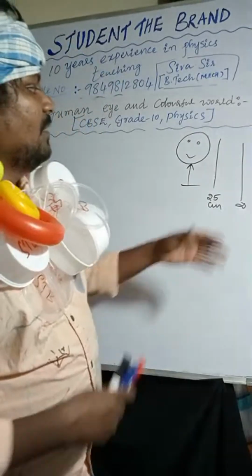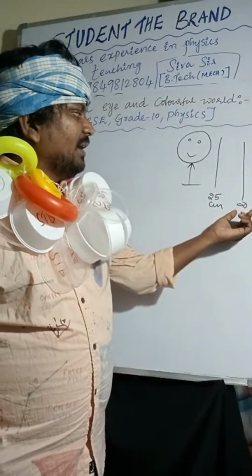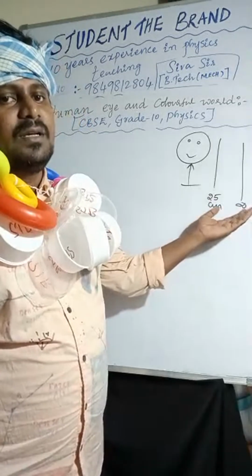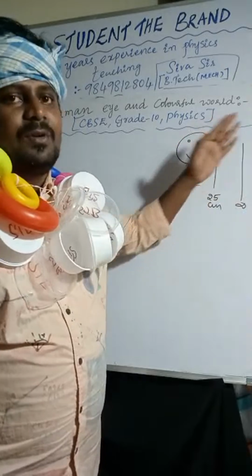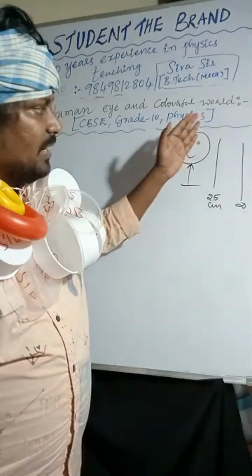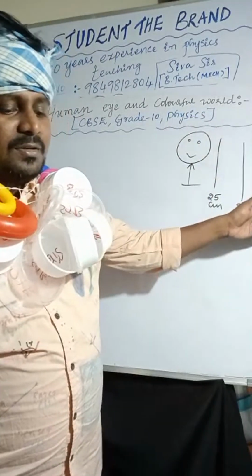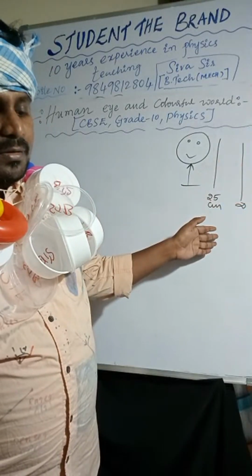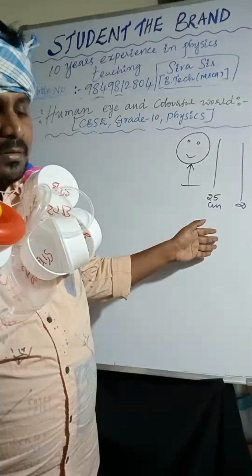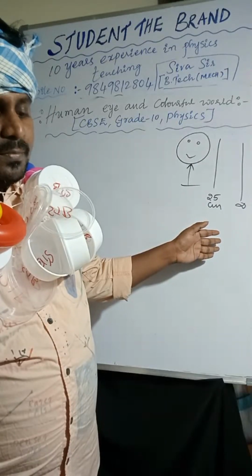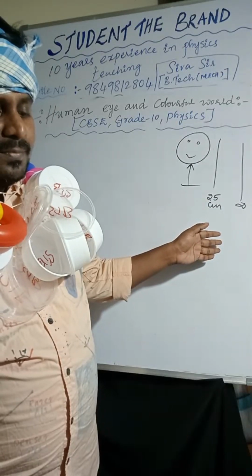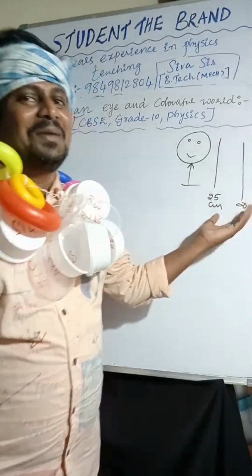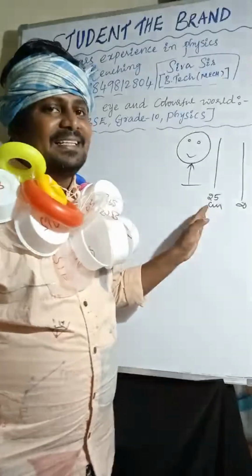You can observe, I'm considering here a far distance object at infinity. We are able to see the infinity point, but we can't see the near point.